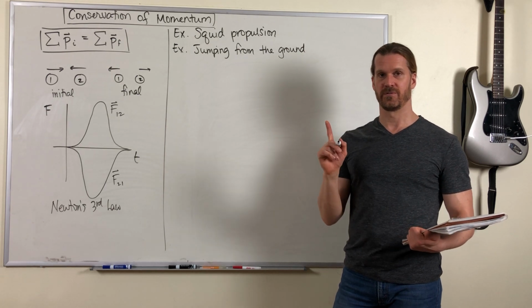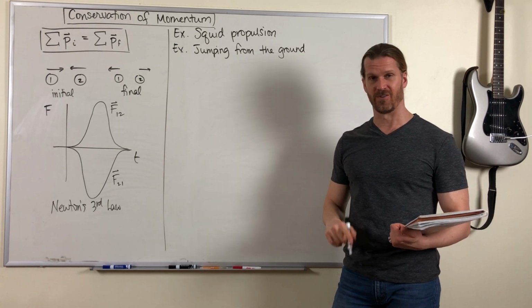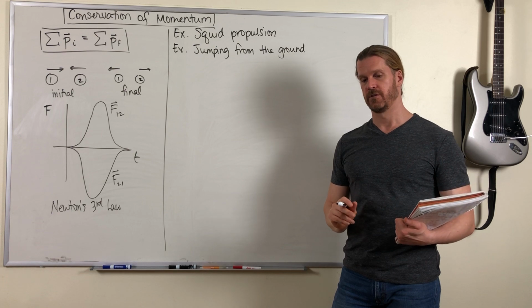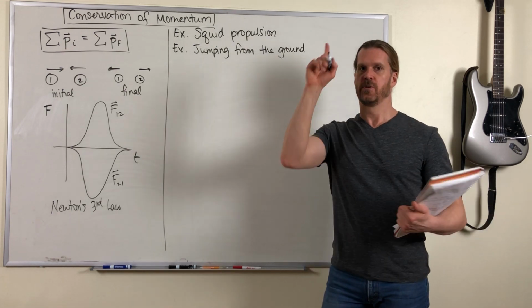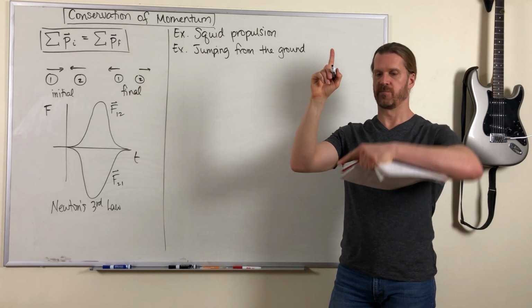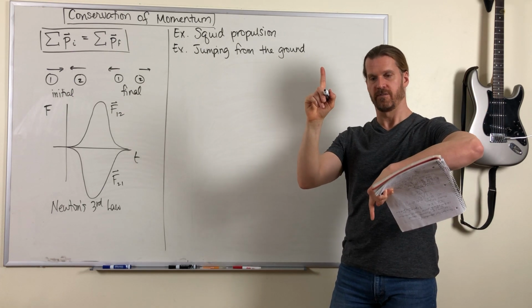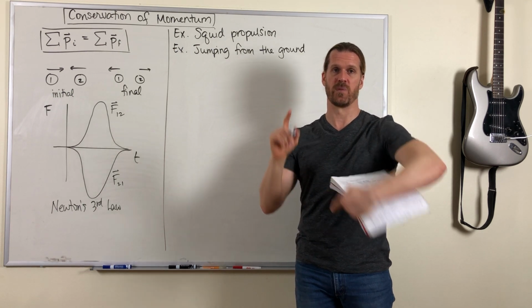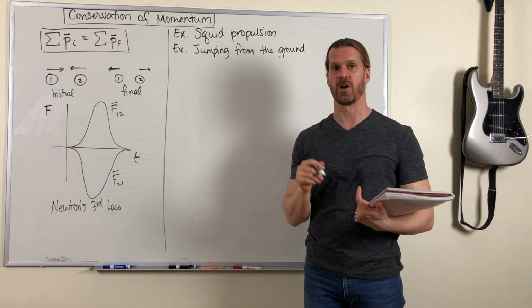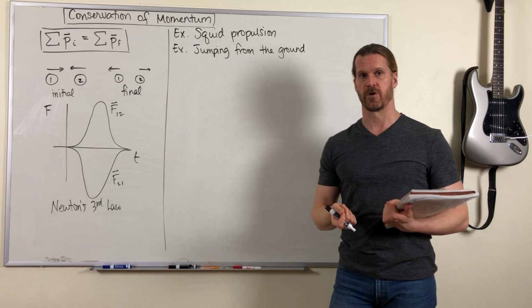When you jump up, you are pushing the Earth down. So in fact, if there's 0 momentum to begin with, and then you jump, you have upward momentum, but then the Earth acquires momentum in the opposite direction. It's exactly the same amount of momentum that you have going up, so that the total equals 0.